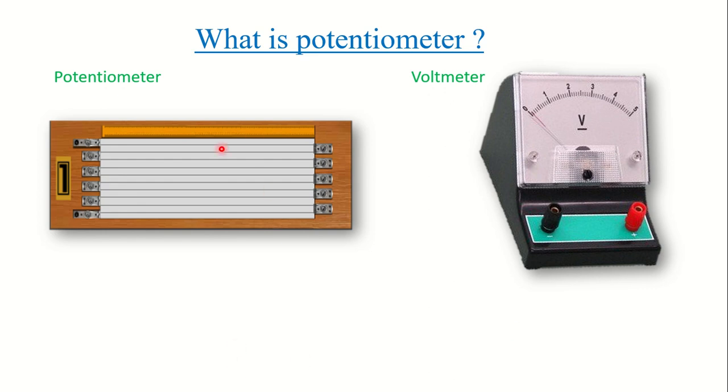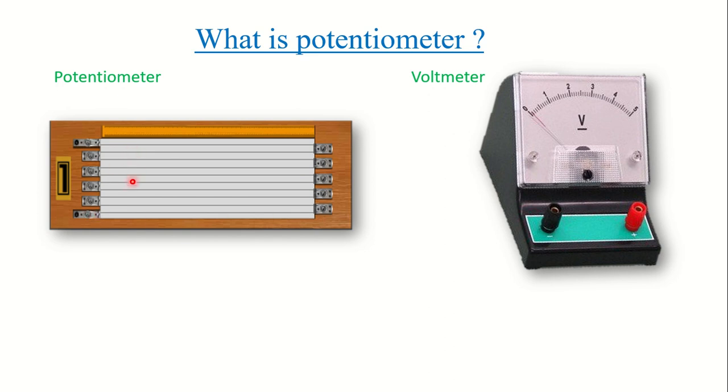Now, when we come to a potentiometer, see the apparatus here in the diagram. You can see a wooden board over which metallic strips are connected on both ends, and you can see wires connected from the one strip to the other strip till the end.